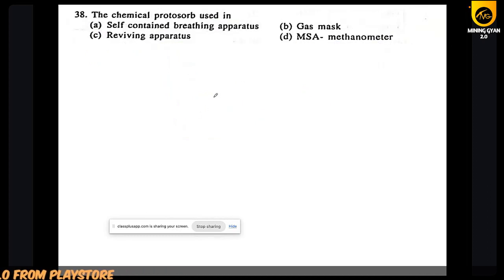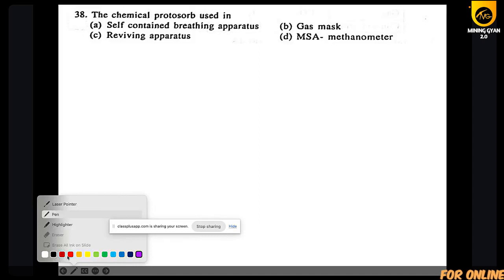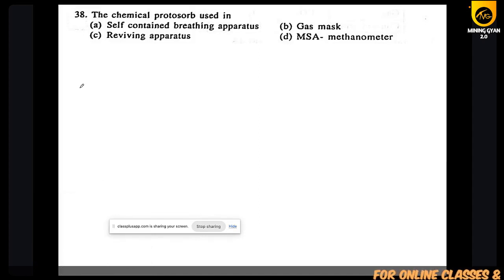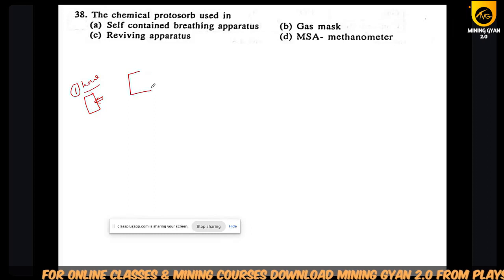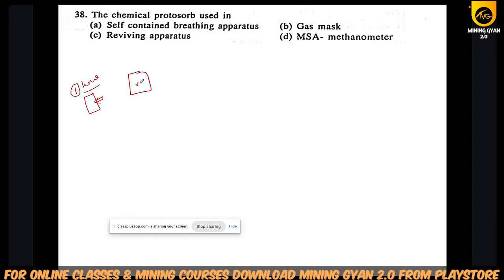The chemical protozoa used in. If you know this question, good. If not, then today go and give at least 1 hour to all the reviving and these types of apparatus in your volume 1, volume 2, volume 3. If you don't have volume 1, volume 2, volume 3, then go in the Mining Gyan app. I have seen they have uploaded volume 1, 2, 3 shorts, the class notes PDF study material in the study material section.